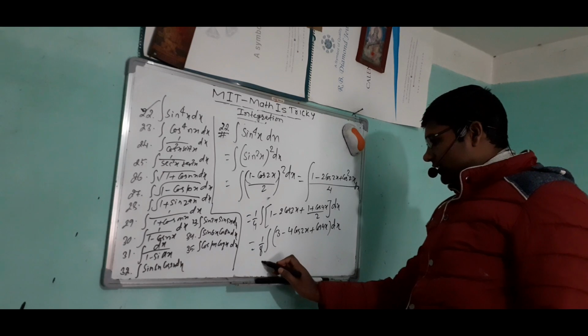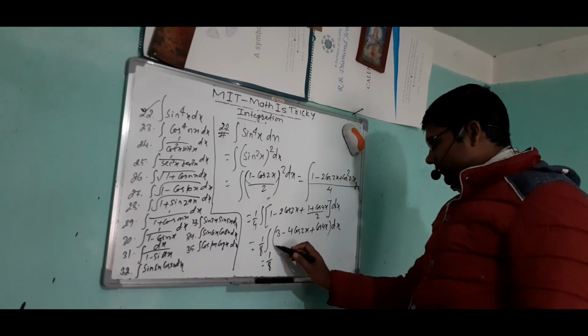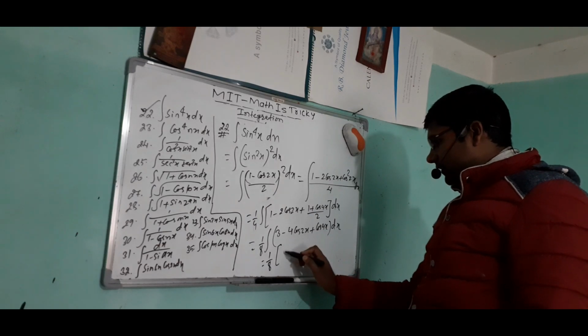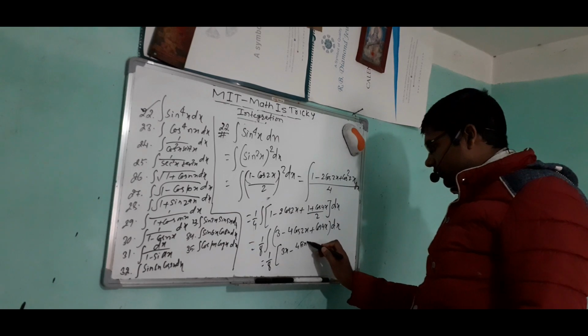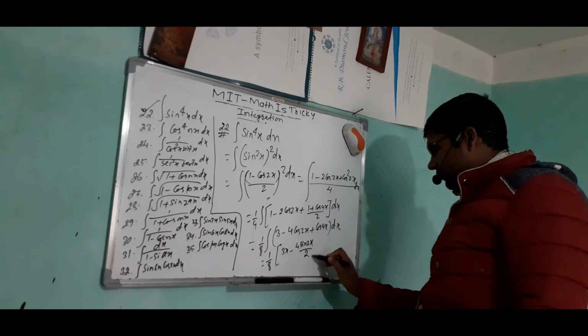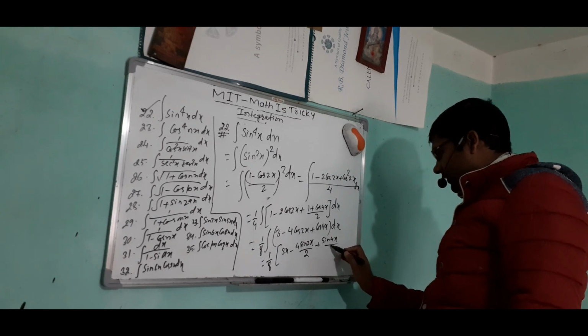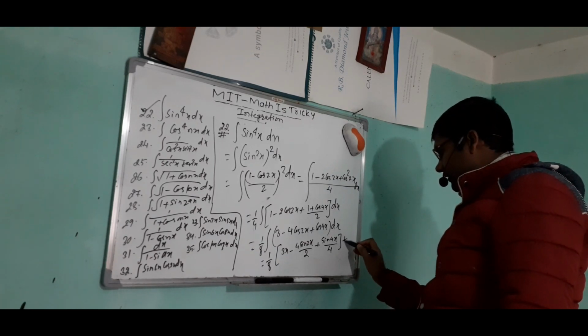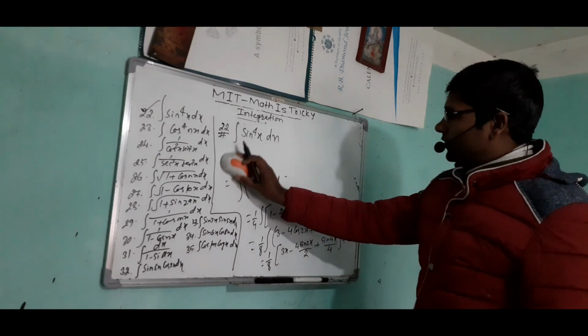So now we can easily integrate this, so it will be 1/8 times (3x − 4 sin 2x/2 + sin 4x/4) plus c.